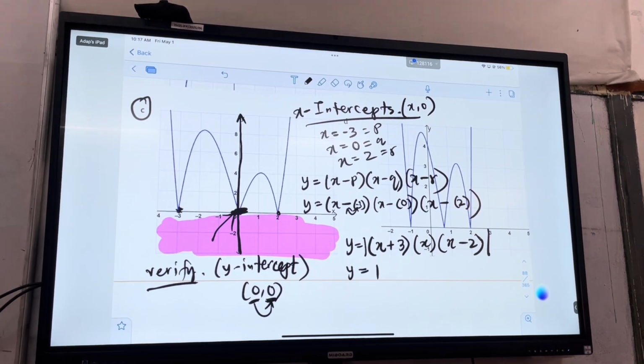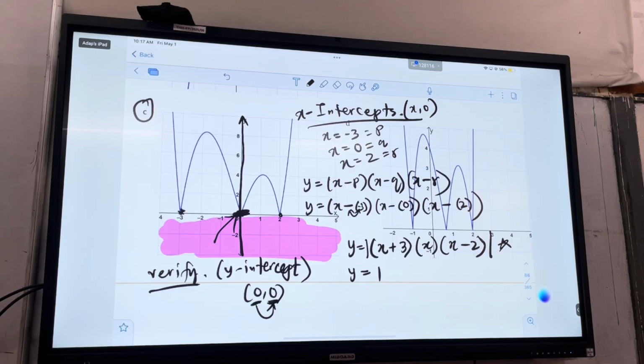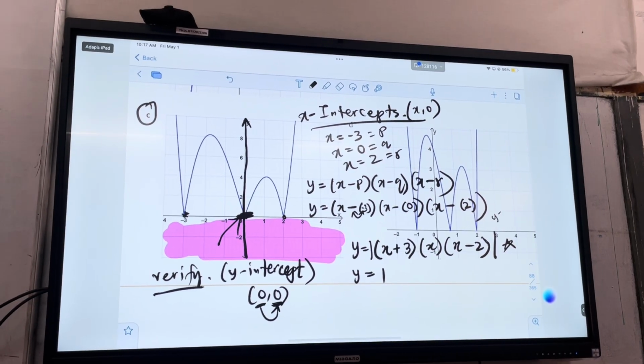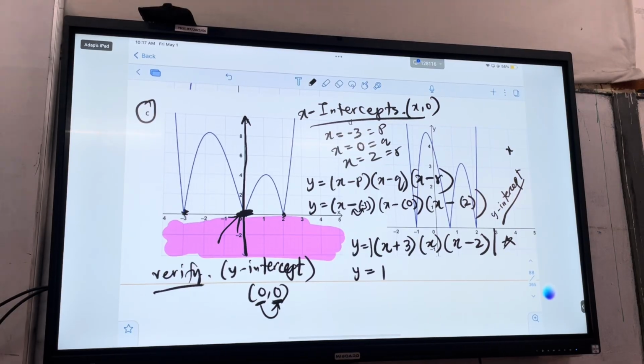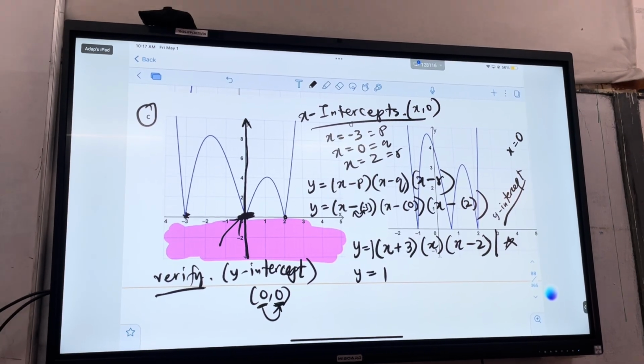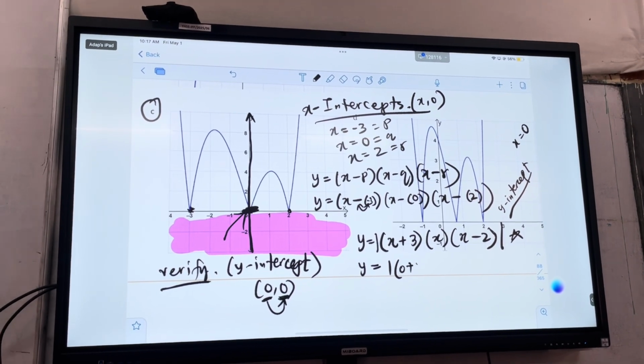Right? So you have an equation. Usually, how do you find the y-intercept? You find the y-intercept by replacing x with 0. Yes or no? So wherever there is x, replace it by 0.